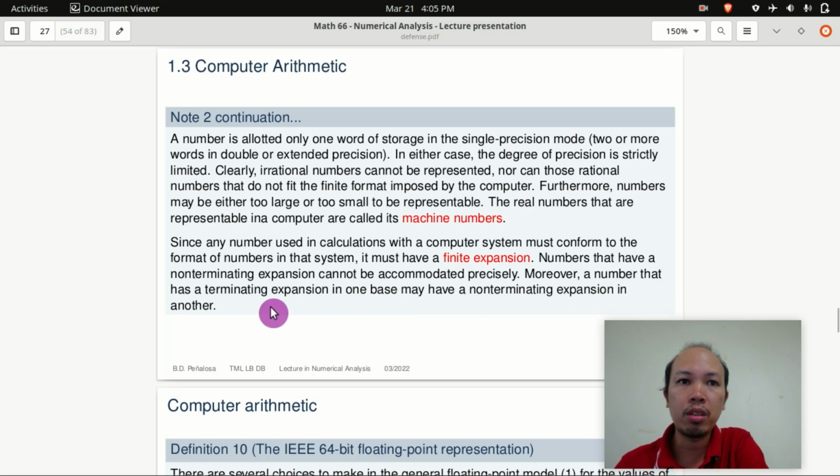So the last sentence says that, for example, 0.10 in base 10 has a finite terminating expansion, but in another system the result will be a non-terminating expansion.